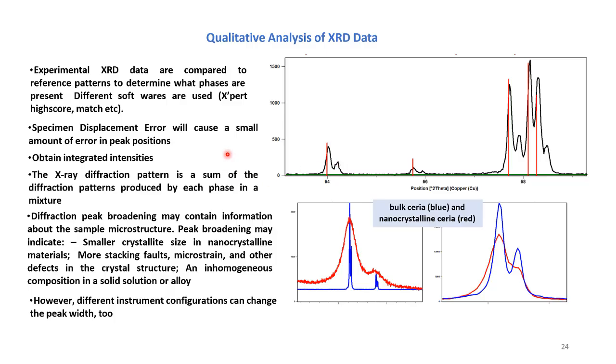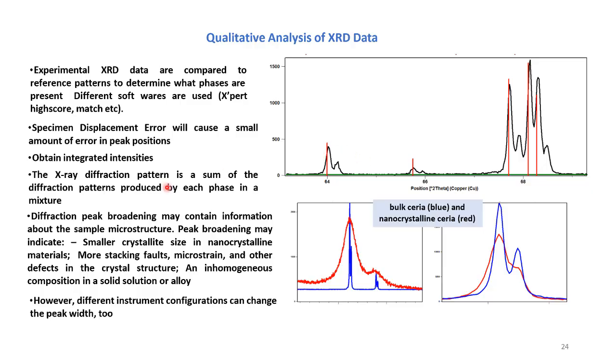If there is some error in the displacement of the sample, it will cause an error in the peak position also. As you can see, if there is only 1 degree of error, then this peak will come at 65. Then the peak will not match with the standard data, so our data will not be considered, or it will have errors.